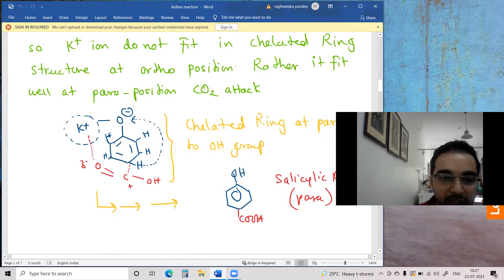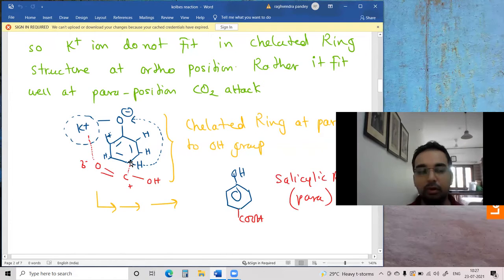If suppose I deuterate the two ortho positions, you will not get the deuterated hydrogen. You will only get the normal hydrogen, because this para hydrogen is not deuterated, and with the potassium, attack occurs on the para position. So there are a lot of questions that can be formed here. So you have to understand the exact mechanism.